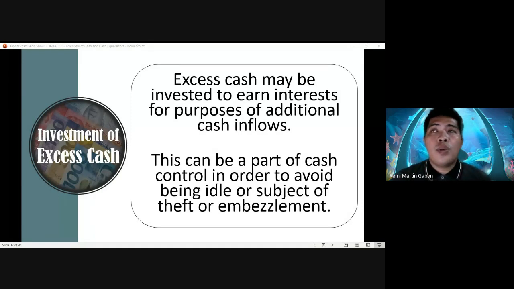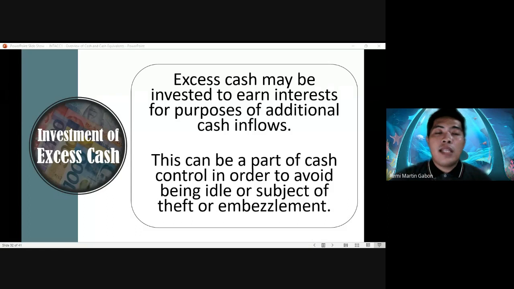Those excess cash could be invested for purposes of additional cash inflows in the form of interest. Additional financing, additional cash inflows on the part of the investing entity.